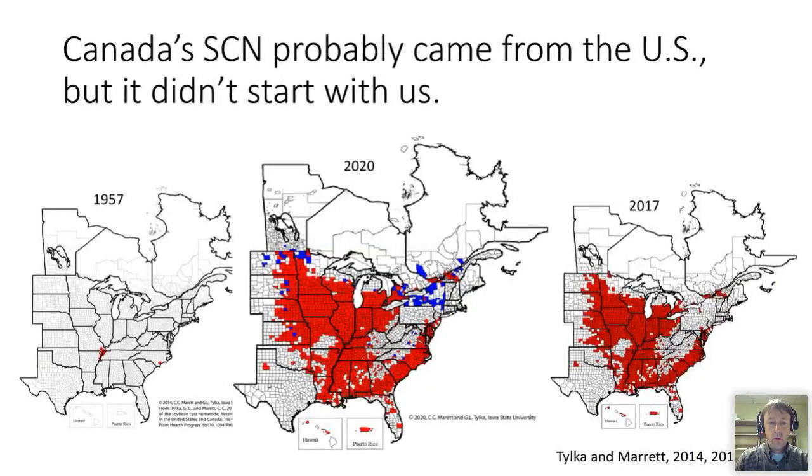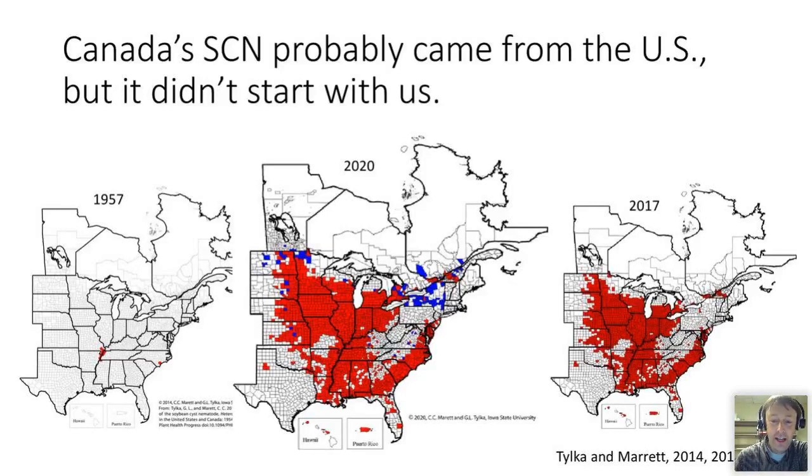One thing that Shannon mentioned, and I believe Mario will be talking about, is the spread of SCN. I realize I'm talking to a Canadian audience, and it is very likely that the SCN came from the US, and I believe Mario will talk about that. Shannon mentioned that it's easily moved through soil. While we do deserve some blame in the United States, we can't take all the blame, because it did not originate in the United States.